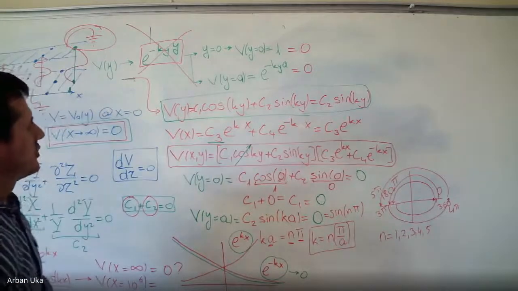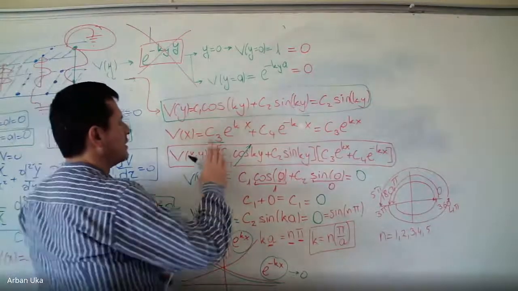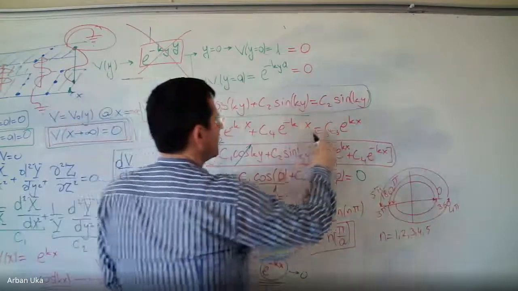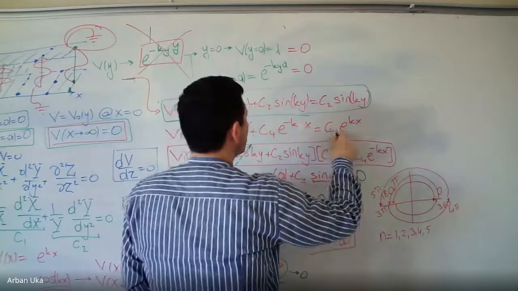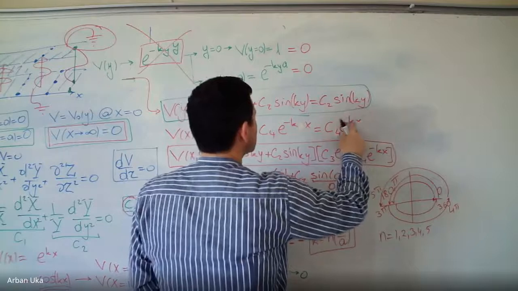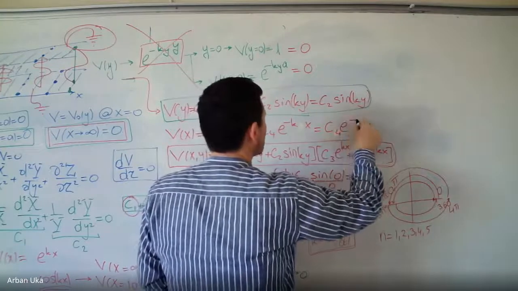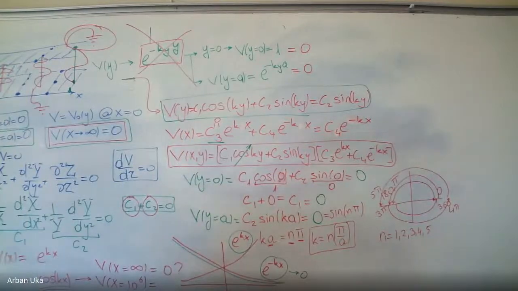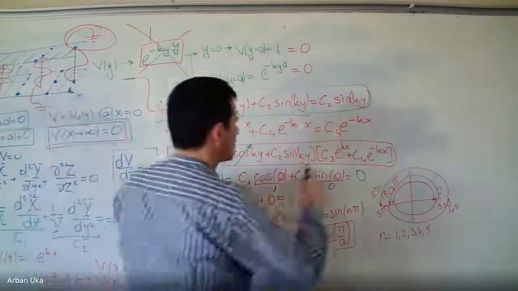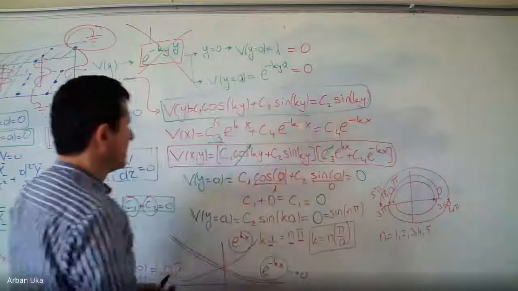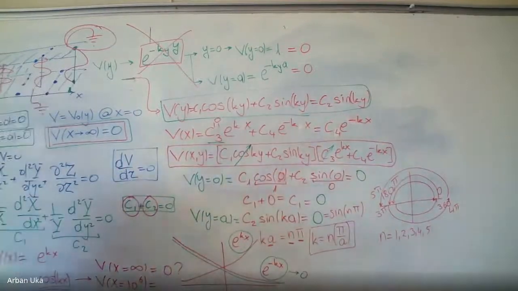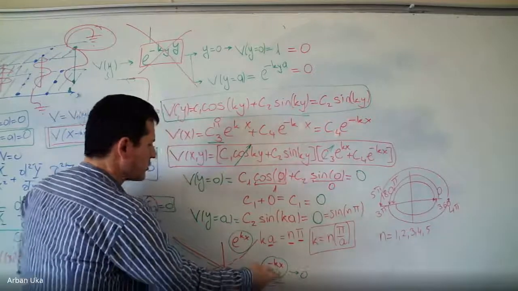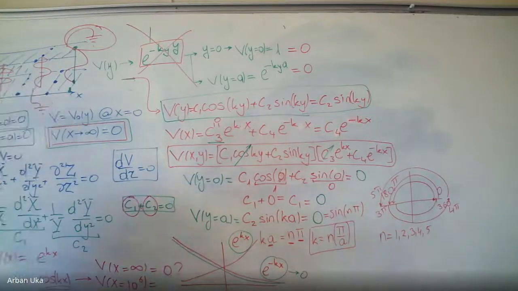So we should consider that C3 is equal to 0, and then here we should get C4 times e to the power minus kx. Then this means that C3 is also 0. And so please don't make mistakes here. We are progressing along the positive axis, so we should keep the second term.